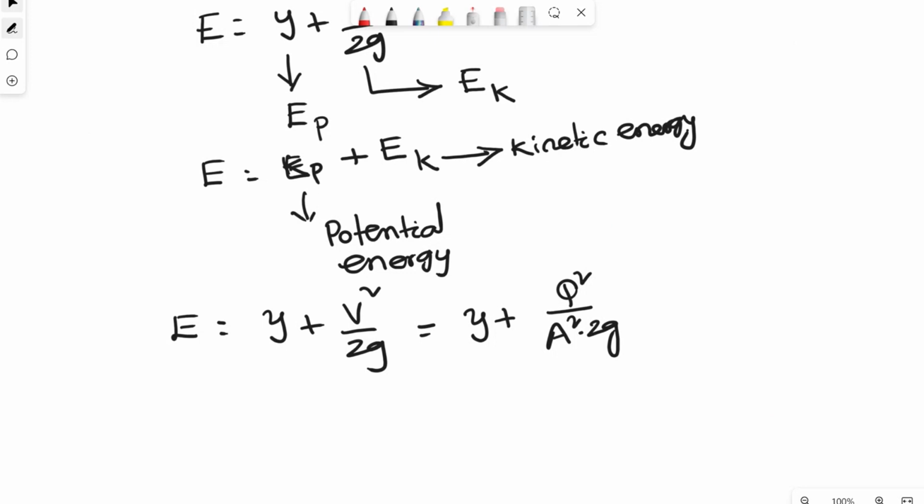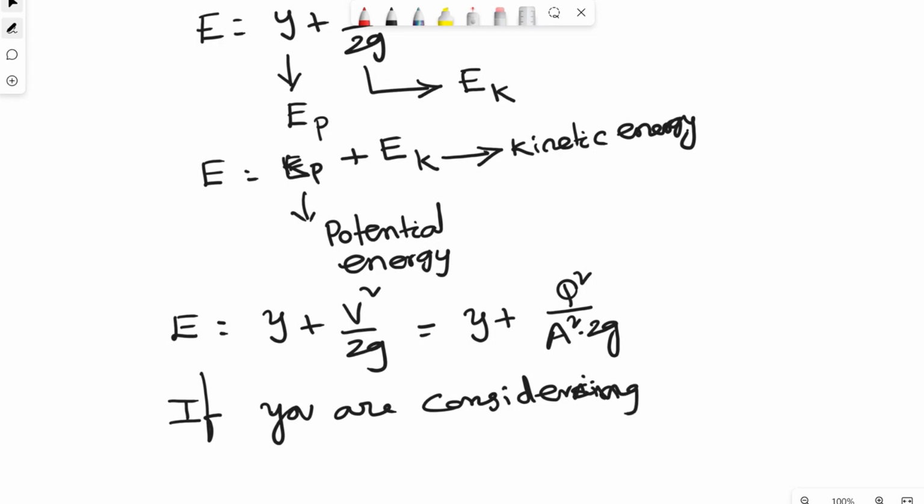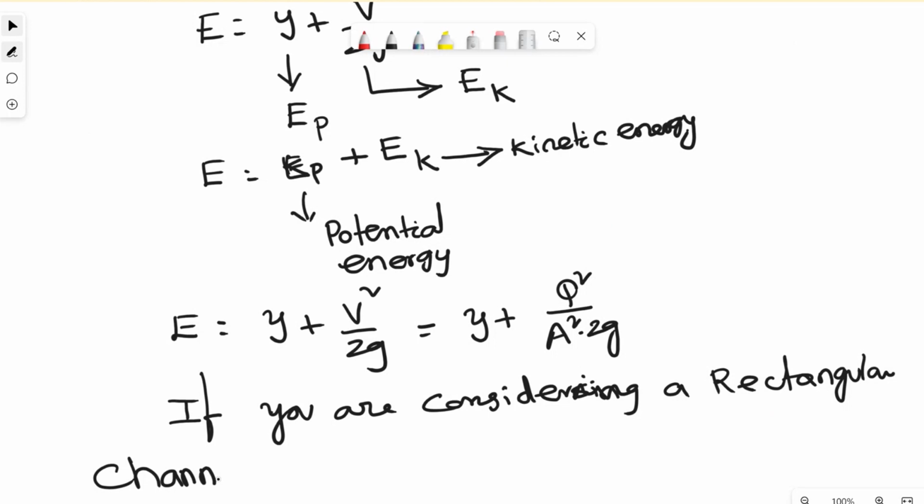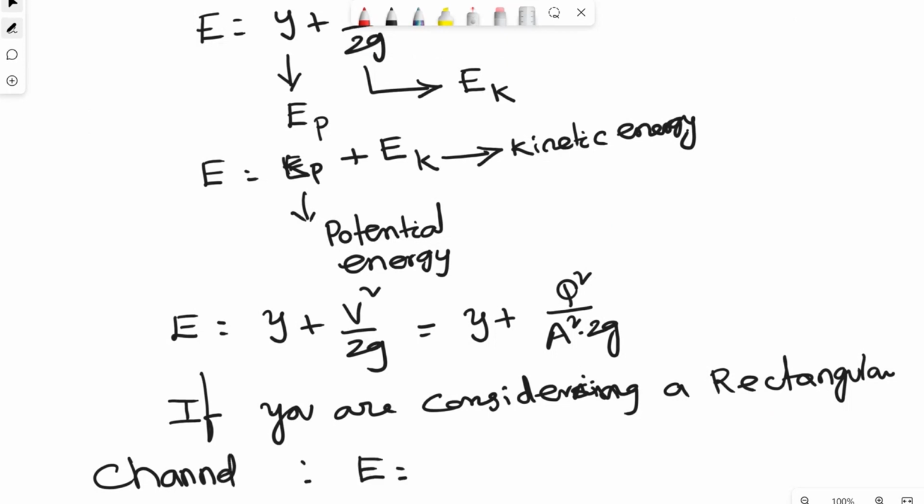Suppose, for example, you are considering a rectangular channel, then E is equal to y plus Q squared over, A squared is B squared y squared, into 2g.